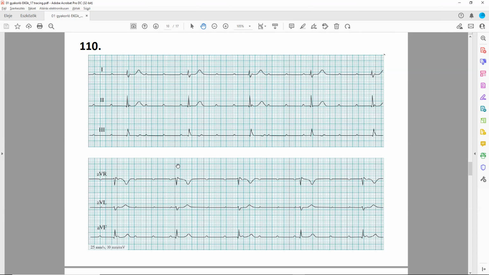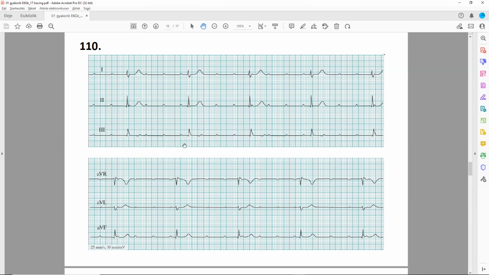We do have P waves, however, we do have many more P waves than QRS complexes. And when you said that the rate is very slow, it's much closer to, let's say, 30 or less than 30.